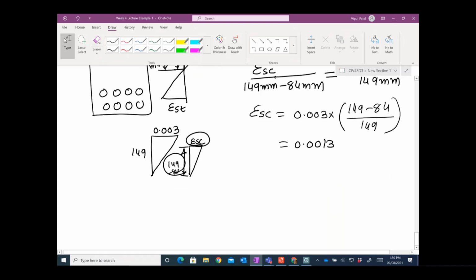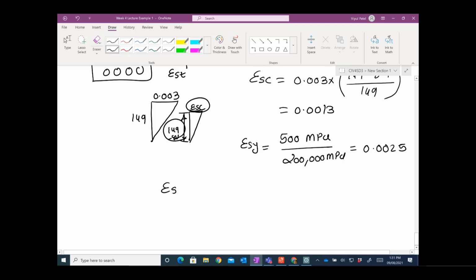0.0013. Now let's check it out. Yield strain of the steel, with the 500 megapascal steel over 200,000 megapascal, you get 0.0025.